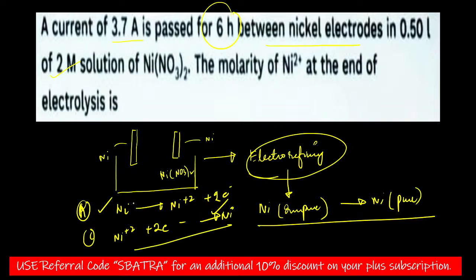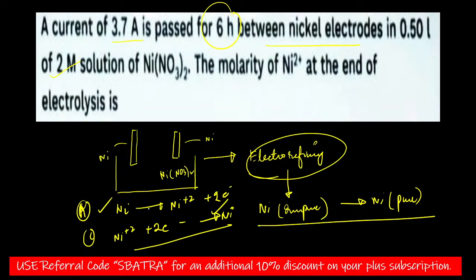I have also written in this class when we were discussing this process, that if I have 5 grams of impure copper, then it will give you 5 grams of pure copper.